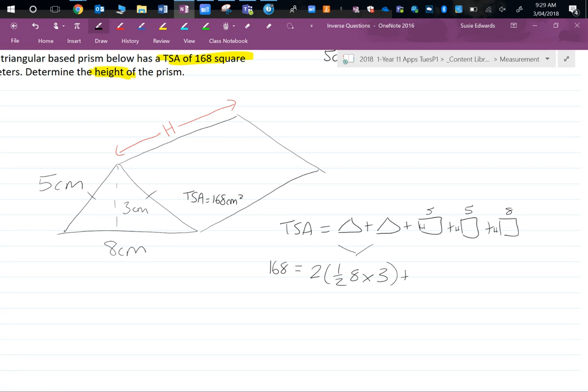So height, height, height. How do we find the area of each of those rectangles? Length times width. So we've got 5 times h plus 5 times h plus 8 times h. If you can get to that point, then you're going to get marks.